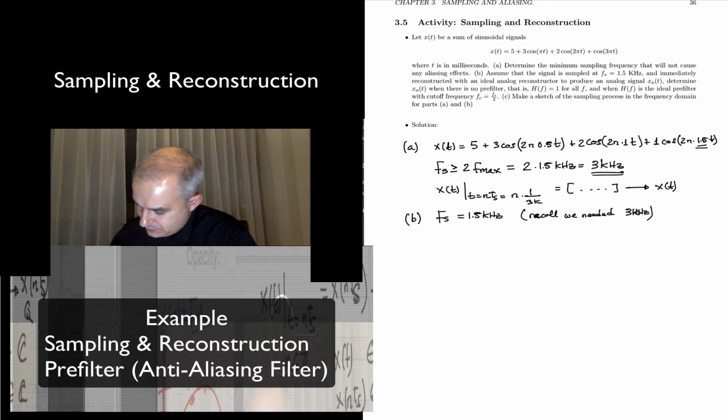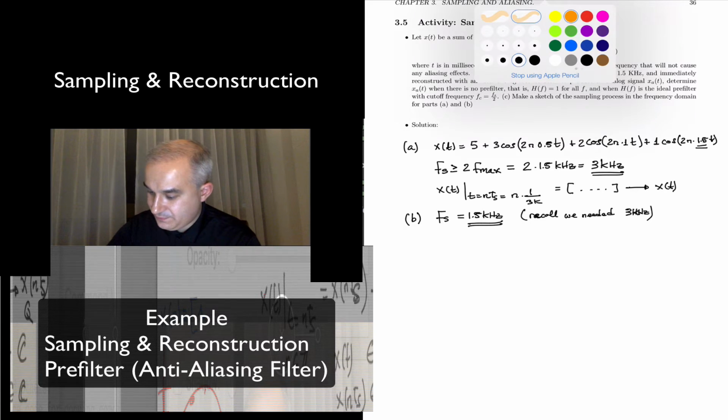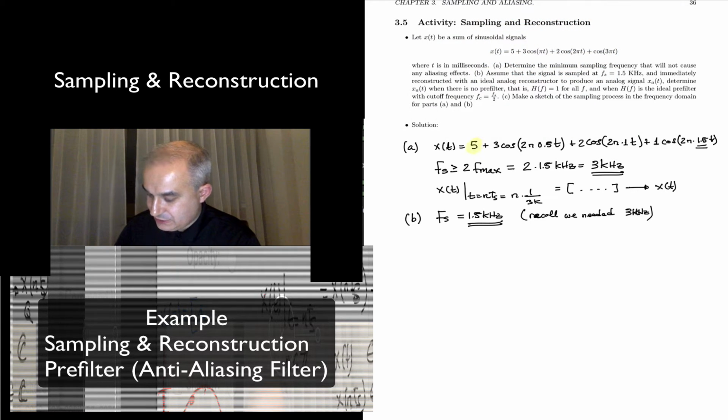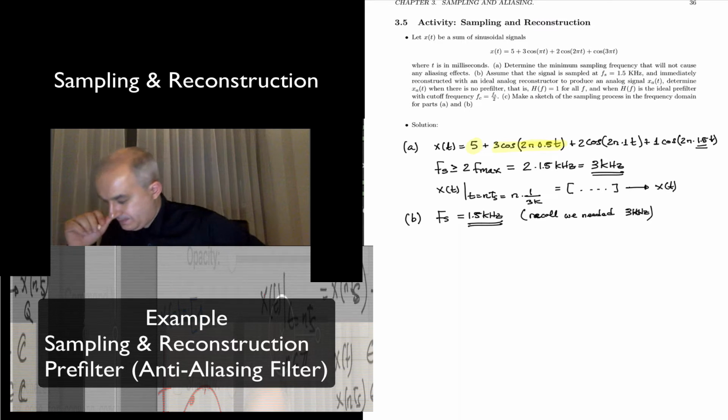There are some components that, even if we undersample here at 1.5 kilohertz, we are going to be fine. Namely, this is at 0 hertz, no problem. And this is at 0.5 kilohertz, that will not be a problem. This, however, we will have a problem.